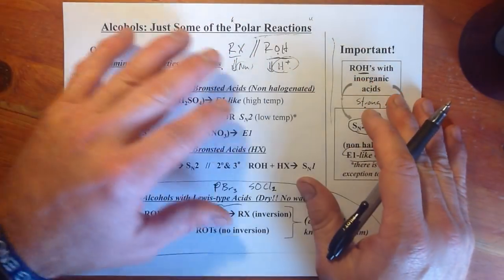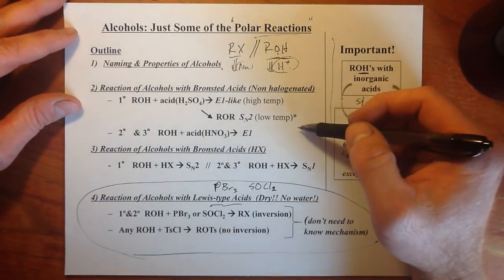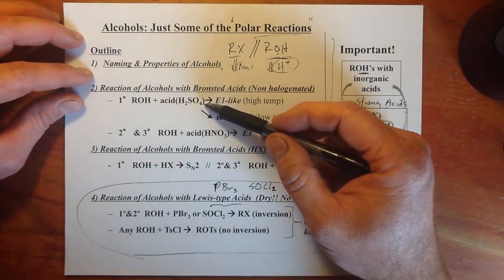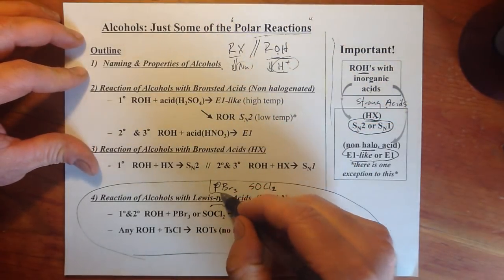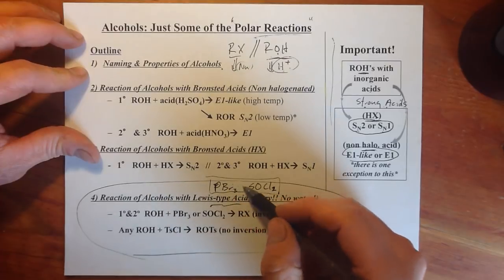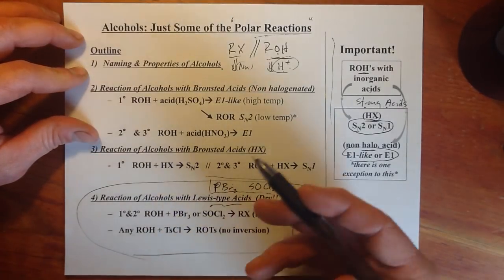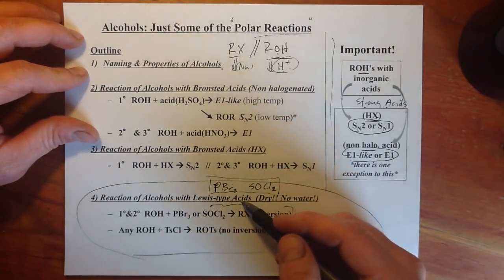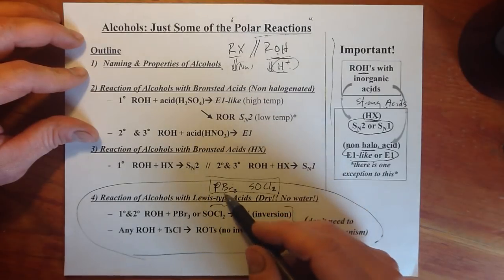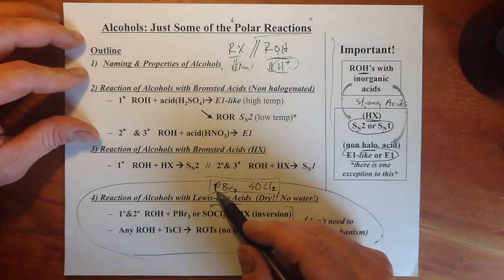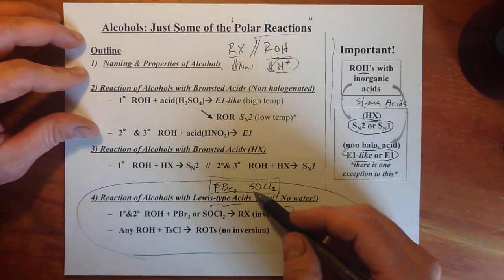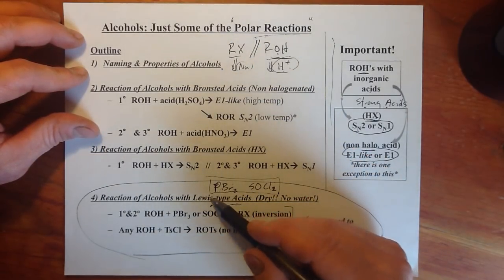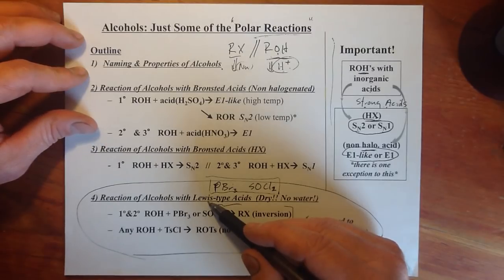So that's what we're going to focus on in this video: those reactions with non-halogen containing acids, halogen containing acids, and then we'll finish up with a brief discussion on the products that you'll see if you use not a Bronsted acid, but these Lewis type acids where the oxygen in the alcohol can attack the phosphorus, or the oxygen in the alcohol can attack the sulfur, where the sulfur and the phosphorus in a Lewis way are accepting the lone pairs.